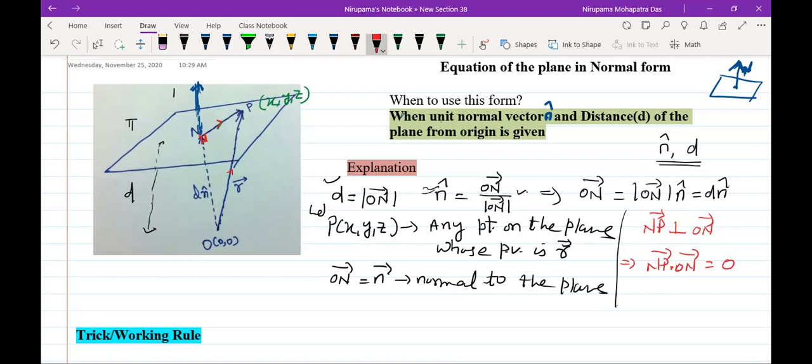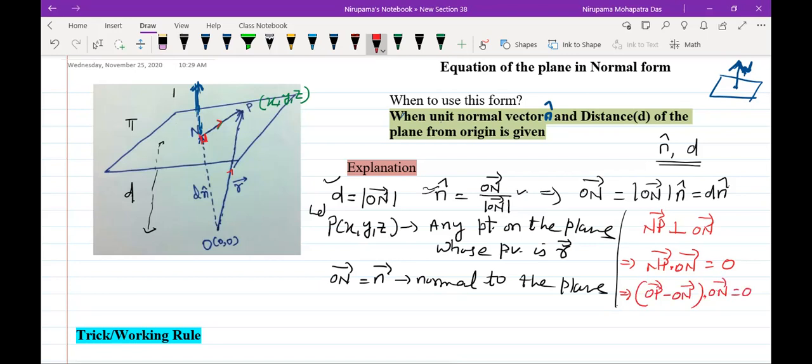So what is NP vector? Position vector of P minus position vector of N. I mean NP vector is OP minus ON. So this is OP vector minus ON vector, dot ON vector, that is equal to 0.